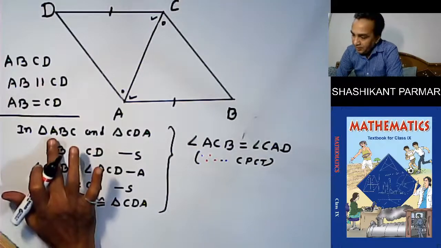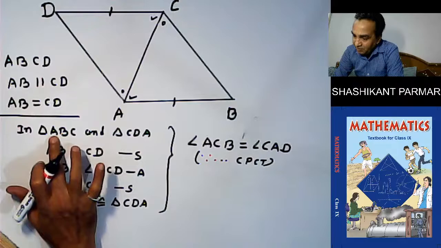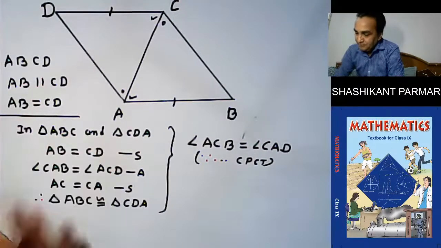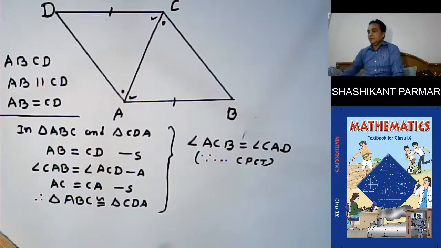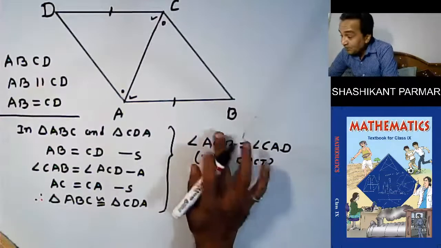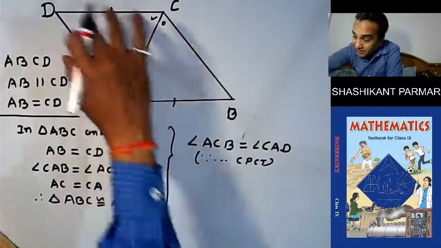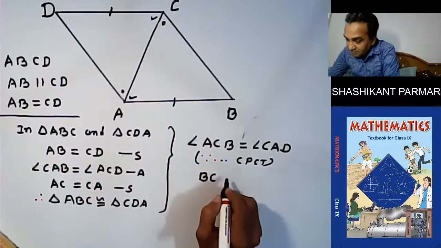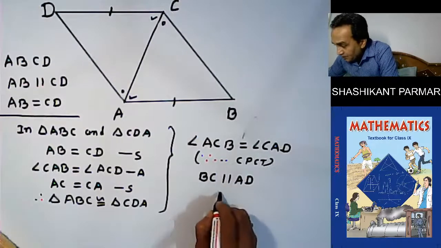See here, ACB: A first, then third, then middle; CAD, then middle. Okay, so this is right. Now, if these two angles are equal, then line BC is parallel to AD.